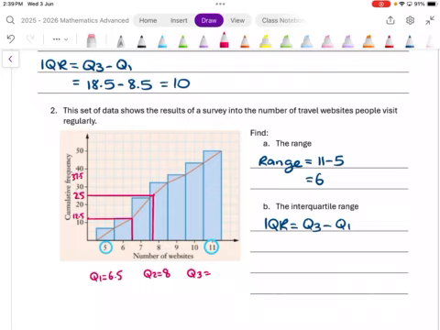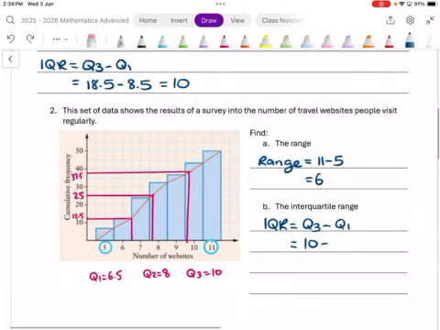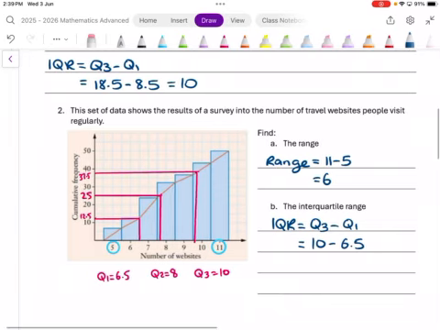And that hits at 10. Okay, so our interquartile range is equal to 10 minus 6.5, which is 3.5.